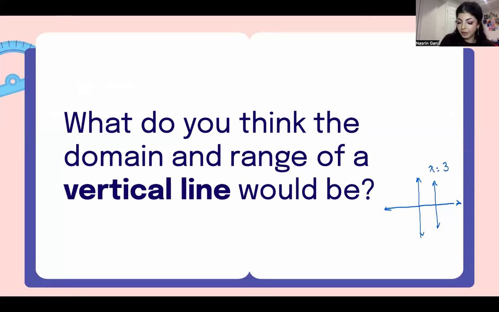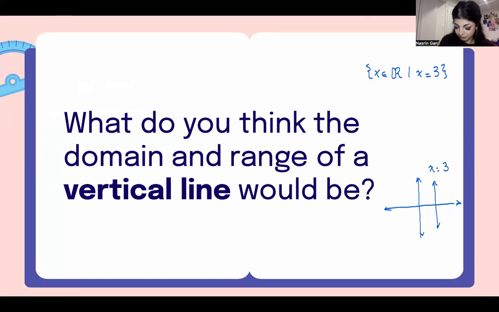So here, the vertical line can have all possible values of y, but it will always be x equals 3. So our domain will be x is in the set of real numbers, and x will always be 3.